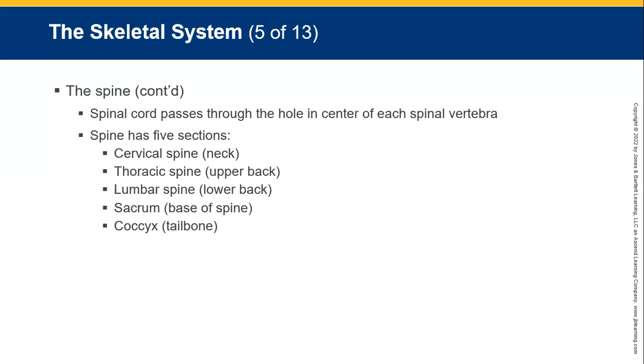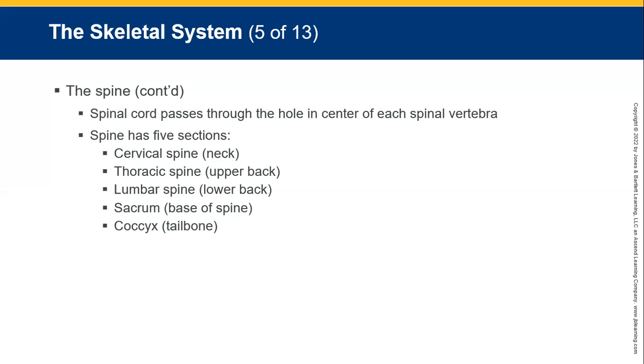If we look at the spinal cord, it passes through the central hole of each vertebra. The spine has 5 sections: cervical spine, C1 to C7, thoracic spine, T1 to T12. Each rib is attached to a thoracic spine. Lumbar spine, L1 to L5, the lower back. Okay, sacrum is a fused part. It sits in the pelvic area.